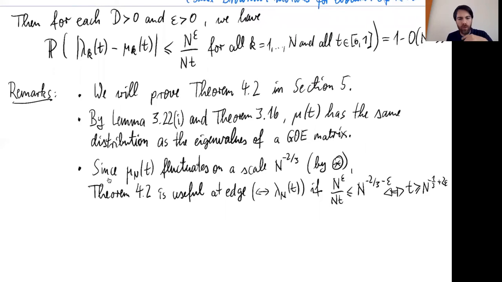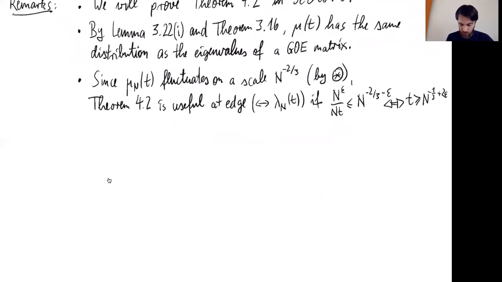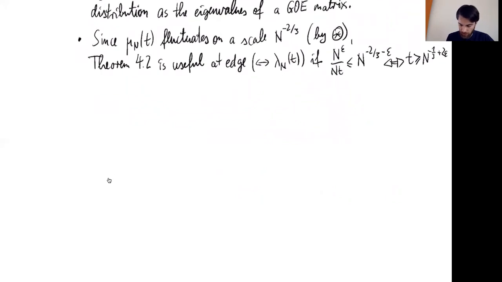And along the way, we will have to introduce a few other tools which we'll prove later, or which are somewhat similar to things that we've already seen, so there I want to omit the proof. Okay, so let's start with the proof of theorem 4.1.